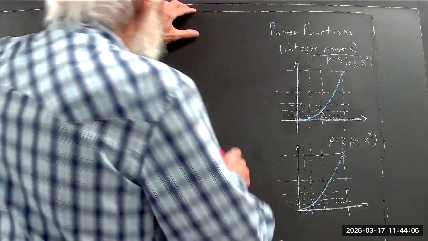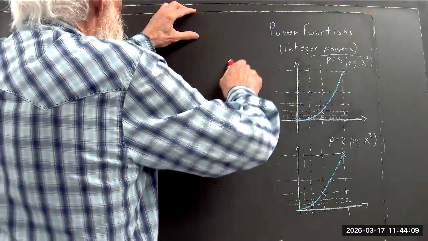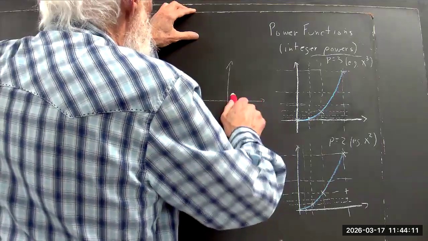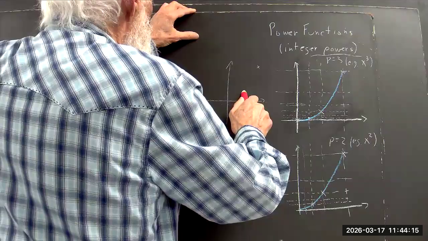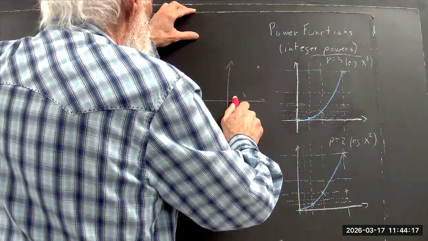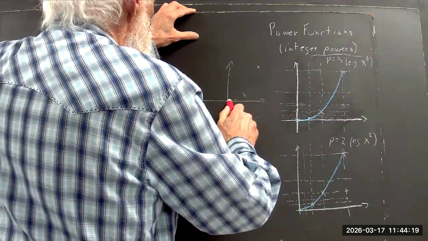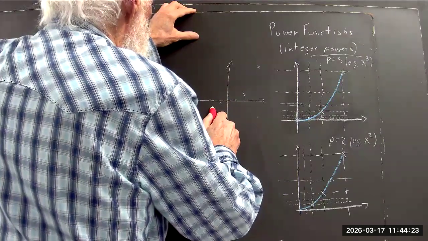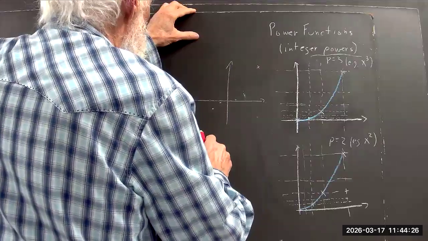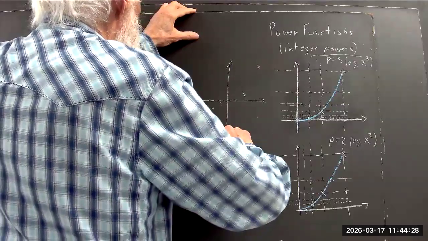The overall shape of your p equals 3 function is going to look something like this.